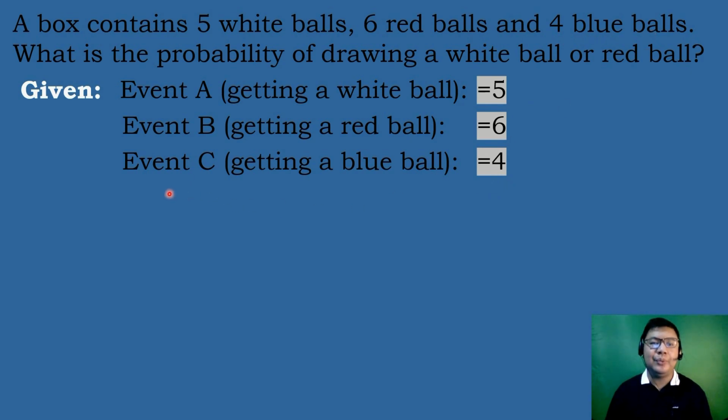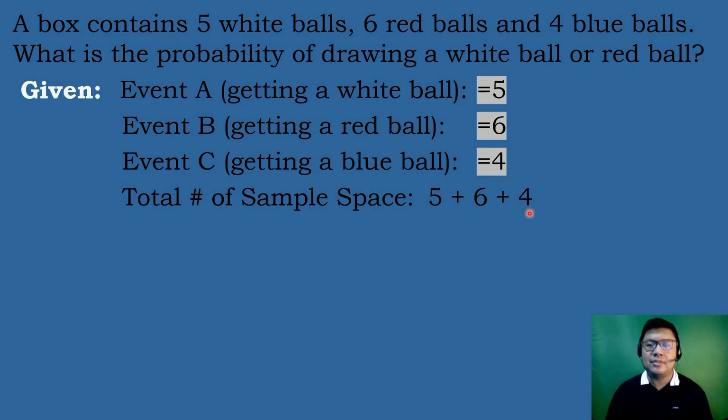After that, we will be identifying the total number of sample space, which we can solve by adding the 3 events. So we have 5 white balls, 6 red balls, and 4 blue balls. Adding these numbers, we will get 15. So this is the total number of sample space.